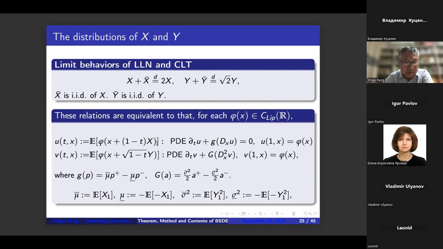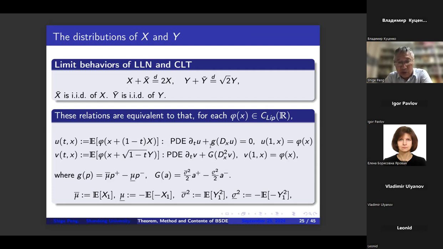For this we can define a function u for any given phi. This phi is given, for example, Lipschitz or bounded continuous function. We can define u(t,x), and we can prove that if they satisfy this distribution, then it is just the solution of this PDE.